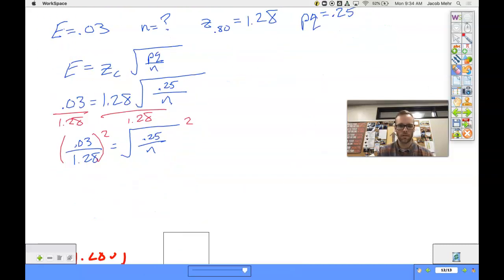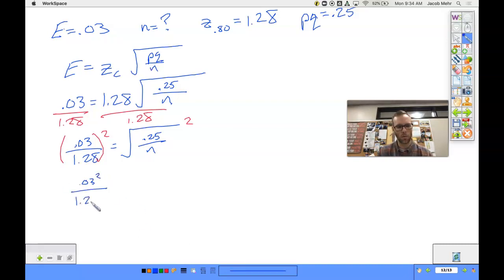So 0.03 squared over 1.28 squared equals 0.25 over N. Little cross products action, cross multiply and divide.